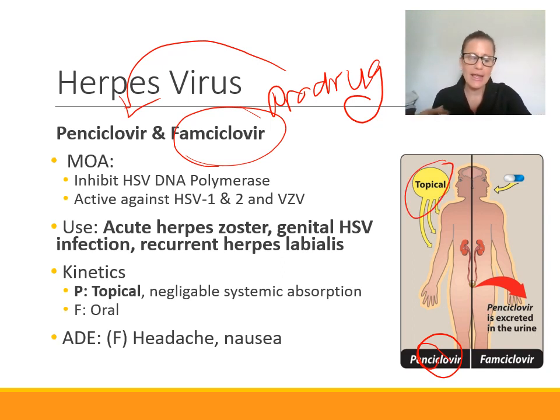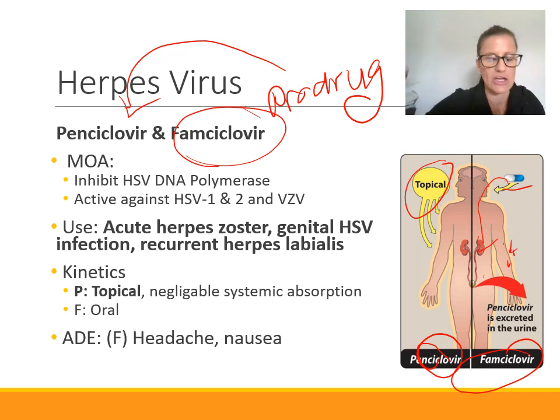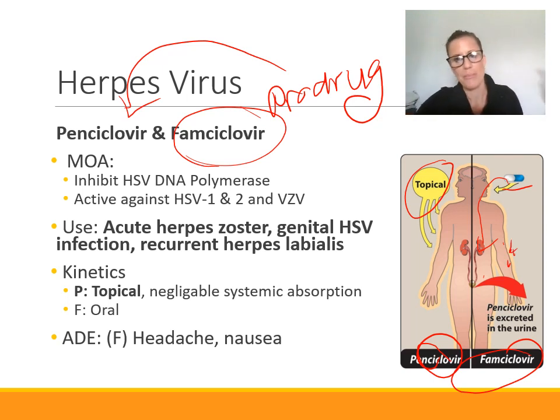So you give the active drug right away and you apply it to the site of action. Famciclovir can be given by mouth. It can be given orally, and then it gets activated into the active Penciclovir in the body. So Famciclovir is oral, Penciclovir is topical.